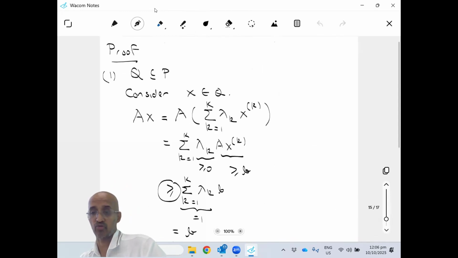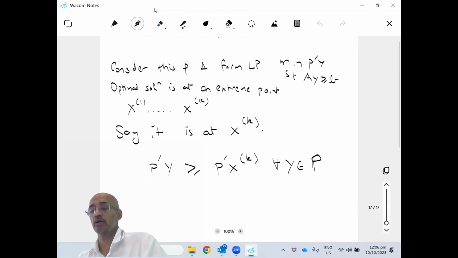So what am I doing here? I'm just saying that you take this p vector that you found, and one of the optimal solutions is at one of the extreme points. Let's call that xk. Then clearly every feasible solution has to be greater than or equal to the value at this point.